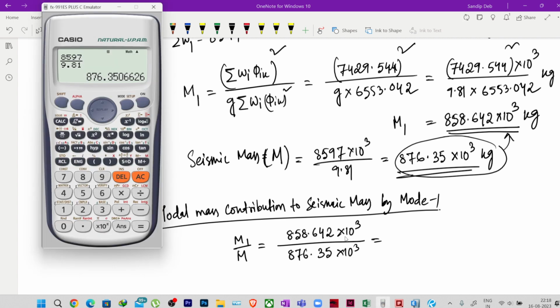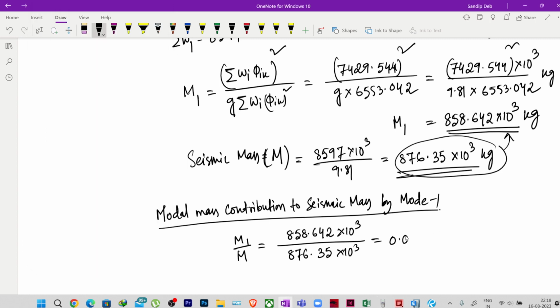So 10 cube gone, so you can simply write 858.642 divided by 876.35, so it is 0.979. This is the ratio, modal mass participating ratio.